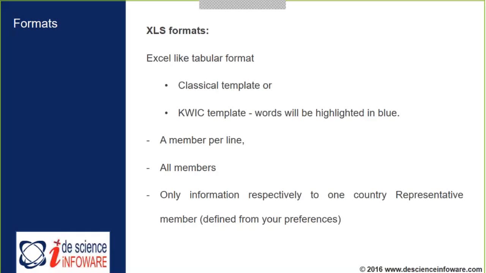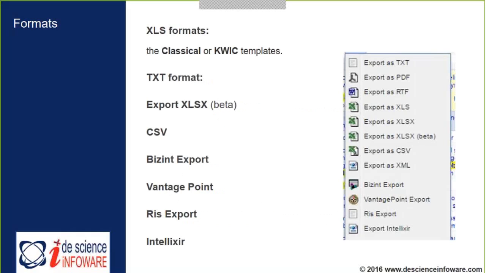We have other options wherein you can have a representative of one member. If in the user settings a particular user has specified that they want Korean first, the representative member will be exported as the Korean representative member if it is contained in the family.